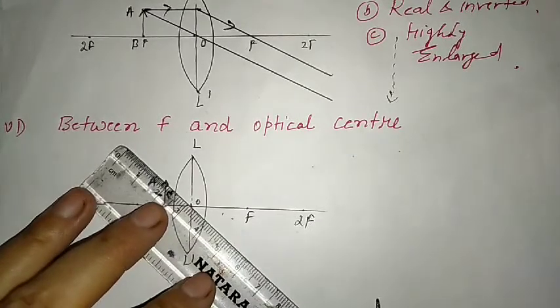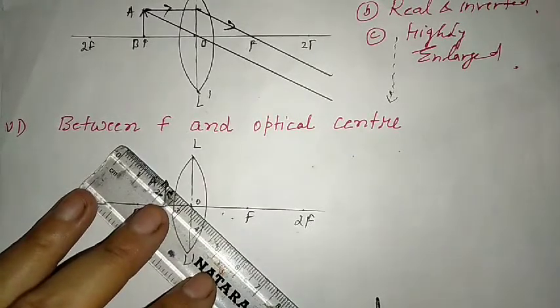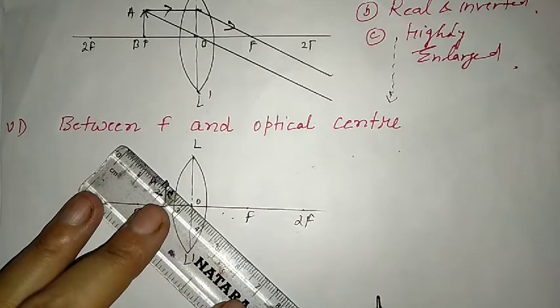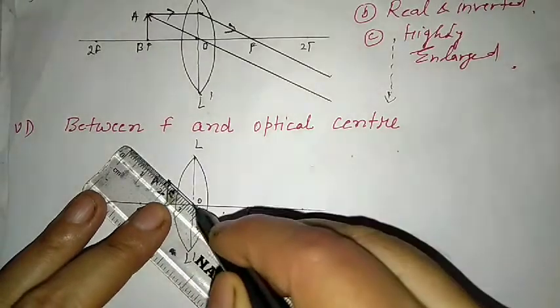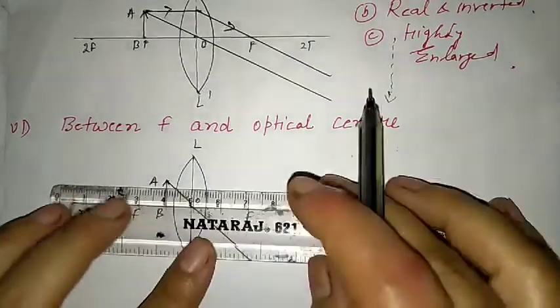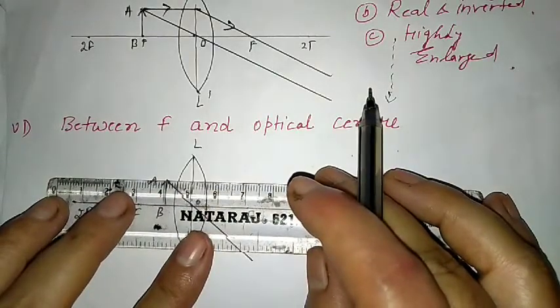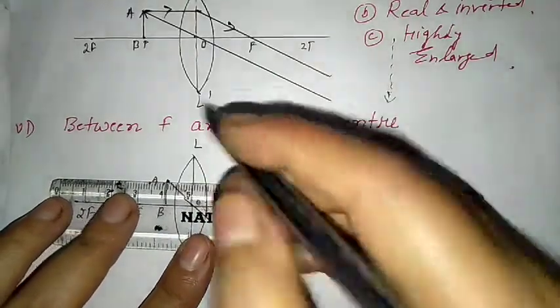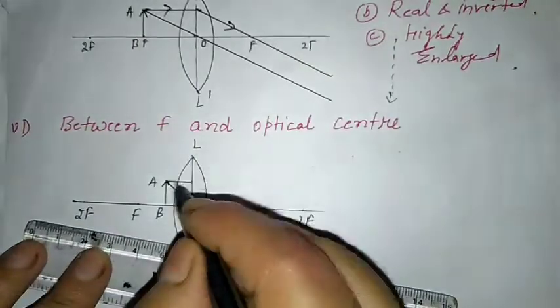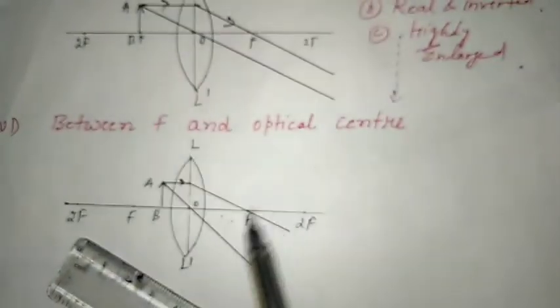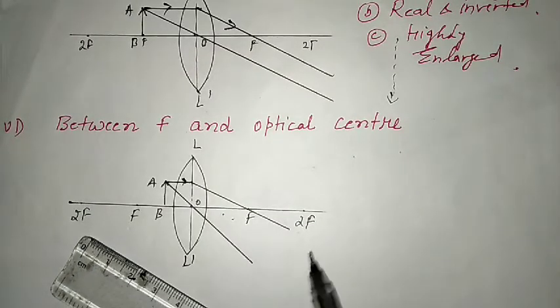One ray will pass through the optical center. Other will be parallel to the principal axis. After refraction will pass through the focus. But you can see here, this side, the distance becomes more and more.